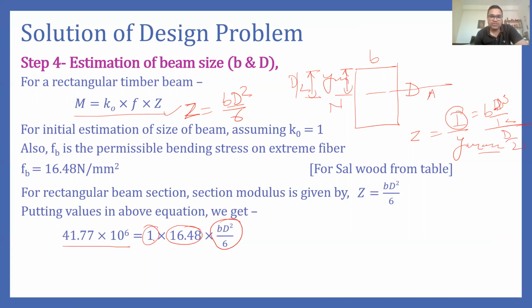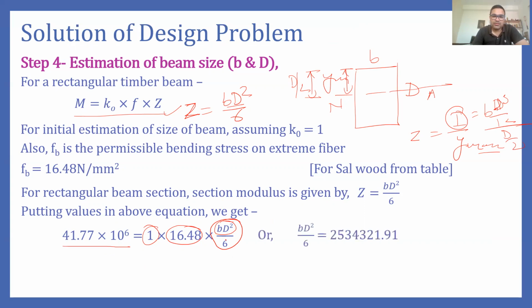Now in this equation, we have two unknowns in the form of B and D. So we cannot solve this equation until we assume at least one of the dimensions. IS code has given some indication for assuming the value of B and D.